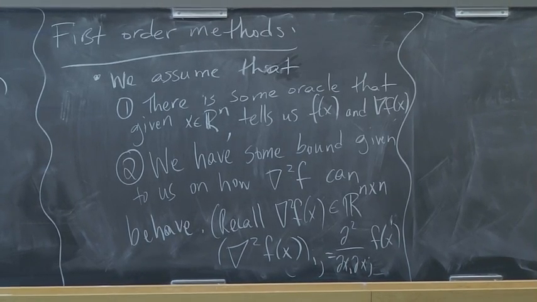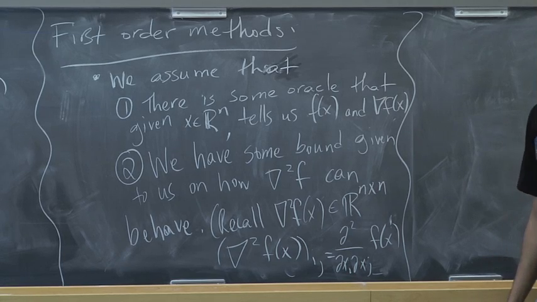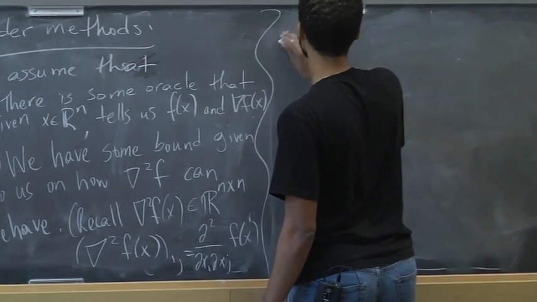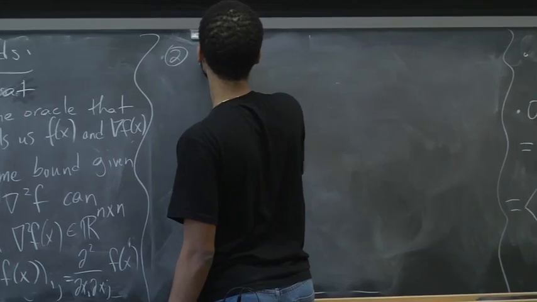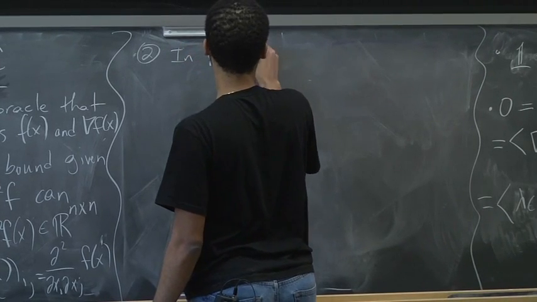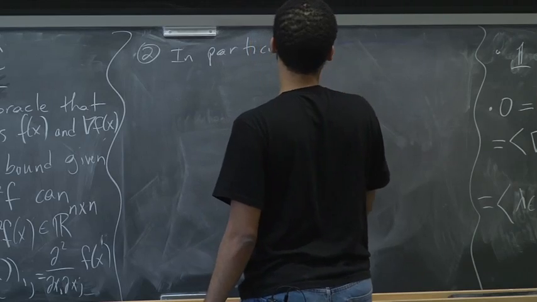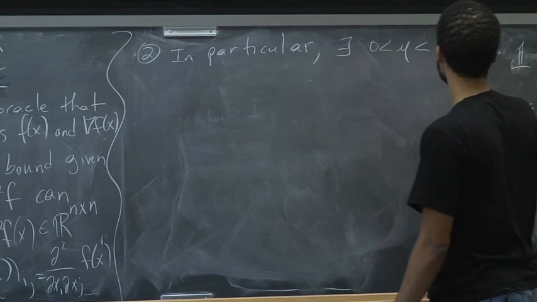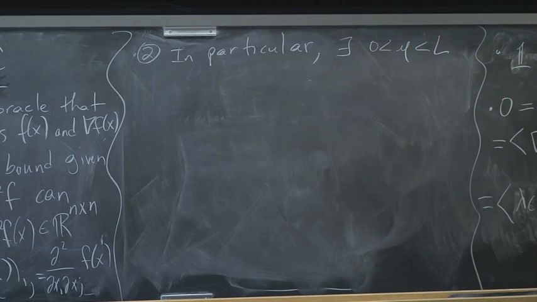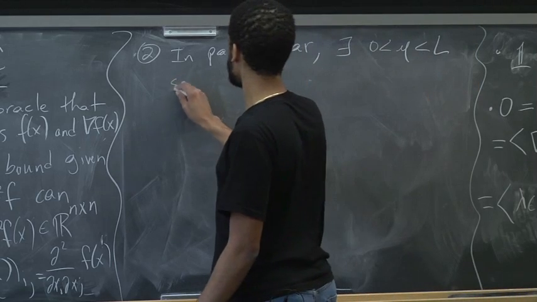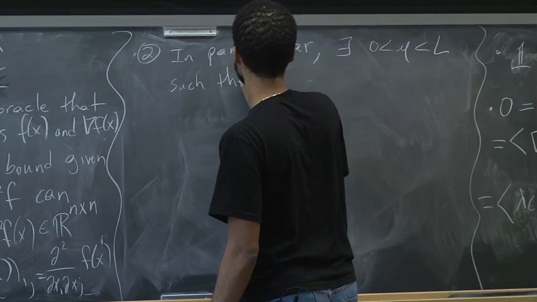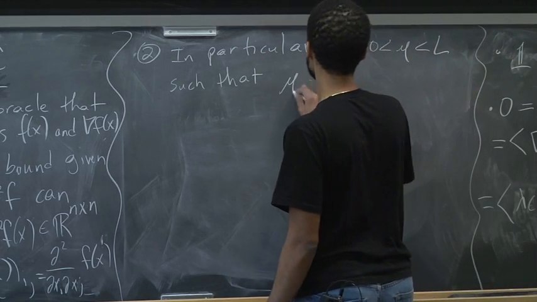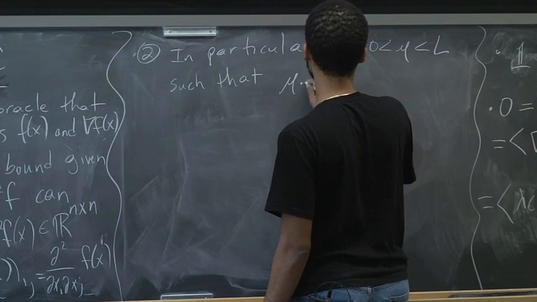And what I mean by how it can behave is, back to 2, in particular, there exist, let's say, 0 less than mu less than L, such that mu times the identity is at most the Hessian, which is at most L times the identity, for all x in R^n.